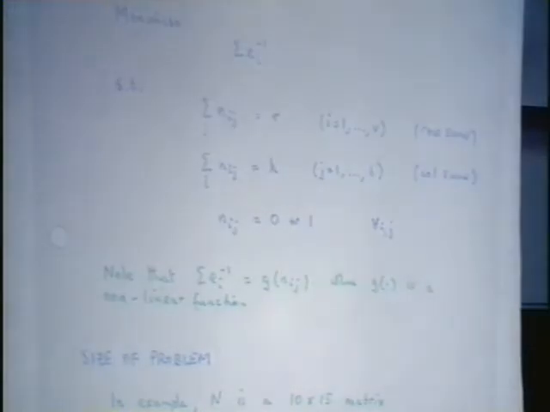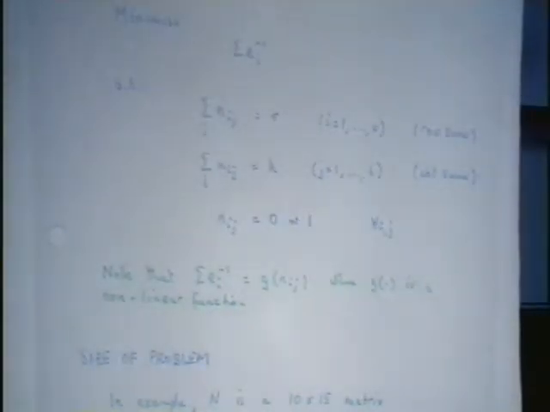And since this particular function is a nonlinear function of the elements of the incidence matrix, we see that C is essentially just a function of the incidence matrix N. Then our objective function is a nonlinear objective function in these variables n_ij. So we have a nonlinear integer program which we have to solve.